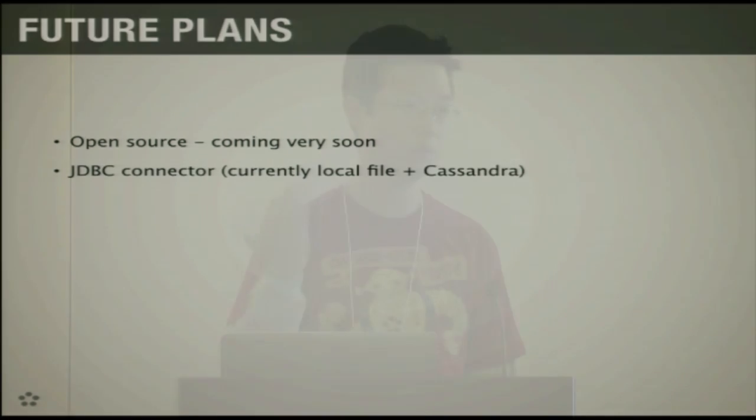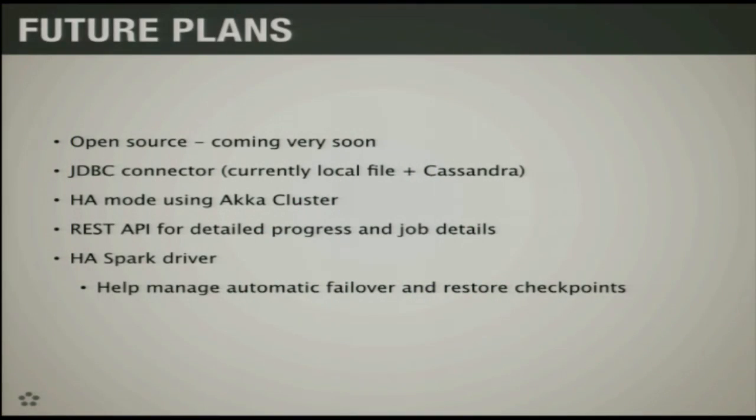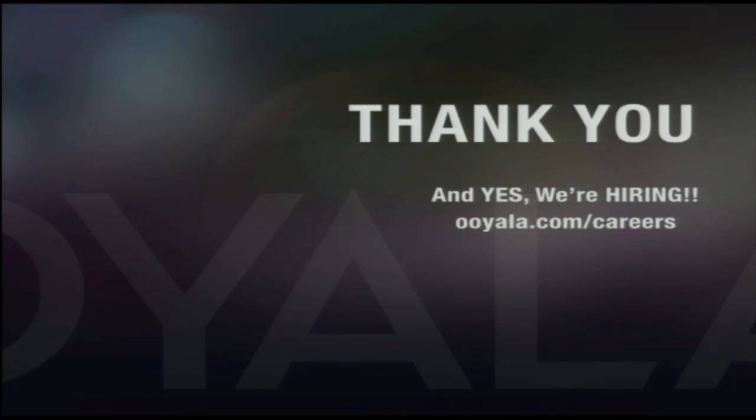Today, you can only persist the job status information locally or in Cassandra, but you'll be able to do that in a database. And we'll be looking at other goodies such as having an HA mode and supporting HA Spark drivers and coordinating restores. Thank you very much.